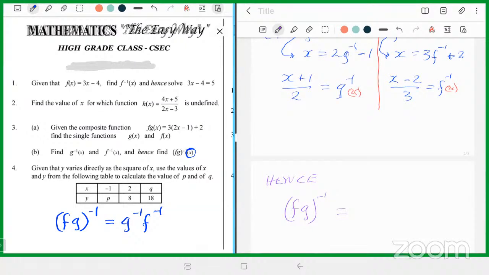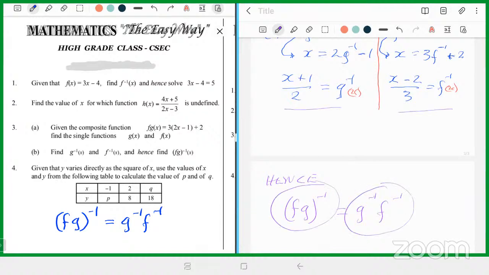It's not absolutely necessary for you to put it. It's actually equal to g to the minus 1 of f to the minus 1. And that's how we're using these two things to find out what this is.